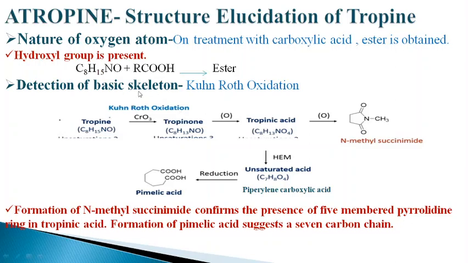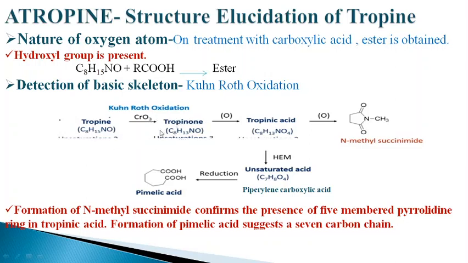Next step is the detection of the basic skeleton. This is done by the oxidation method or oxidative degradation method, which determines the nature of the skeleton present in tropine. This is Kuhn-Roth oxidation. Tropine on treatment with chromic acid forms tropinone.